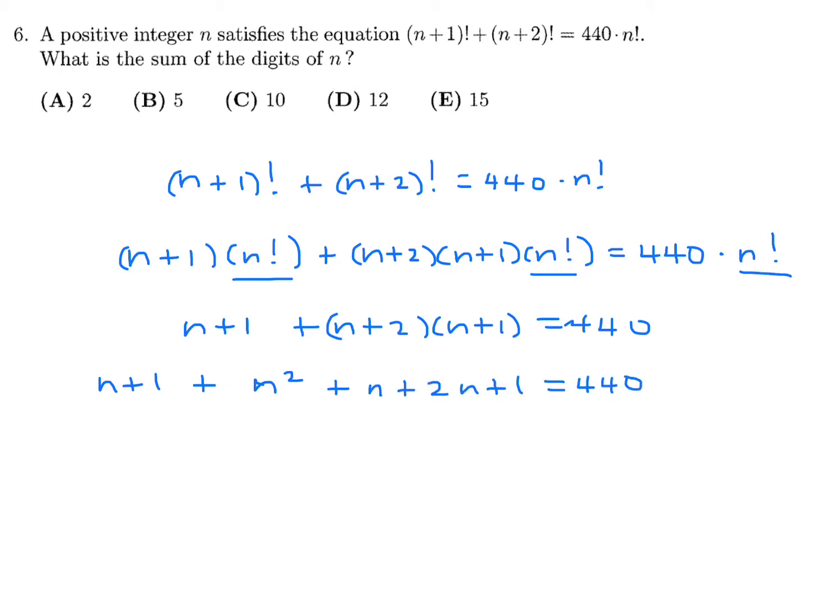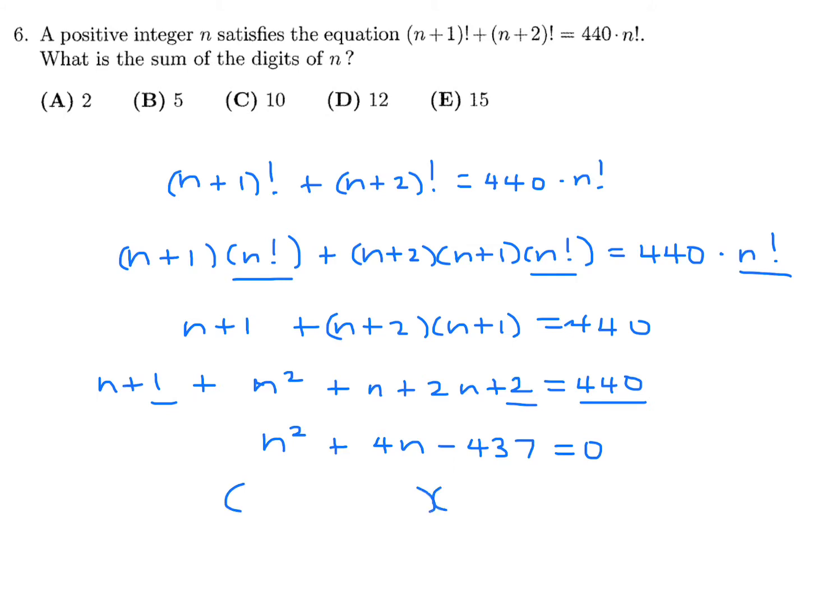Let's put everything on one side: n squared plus 4n plus 3, minus 440, so n squared plus 4n minus 437 equals 0.